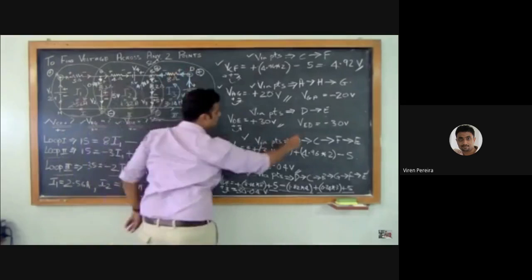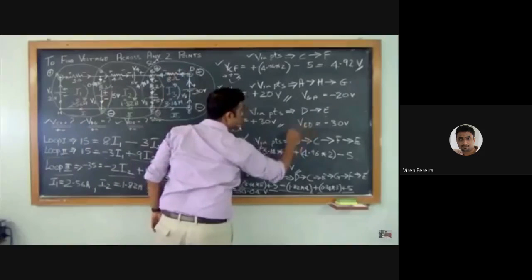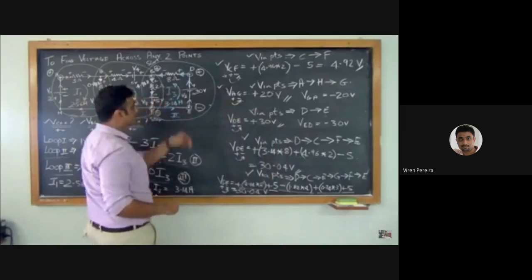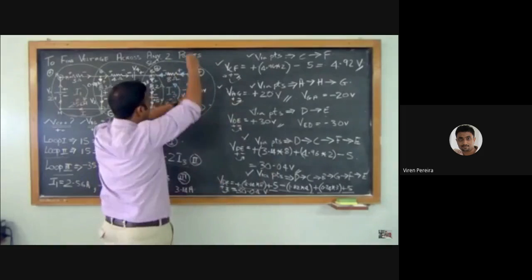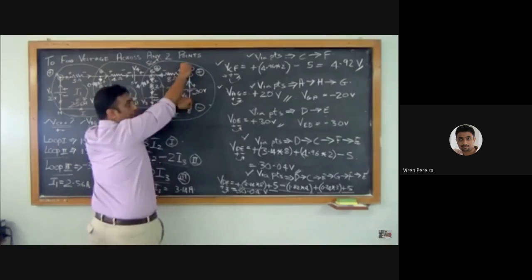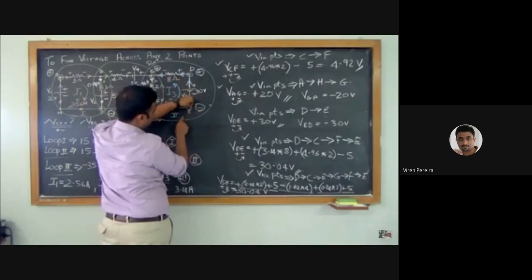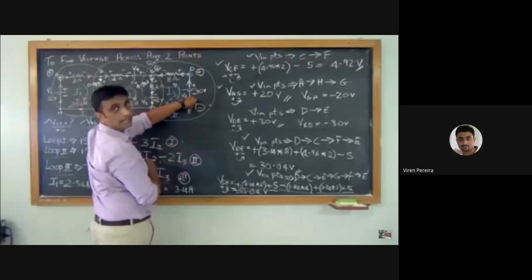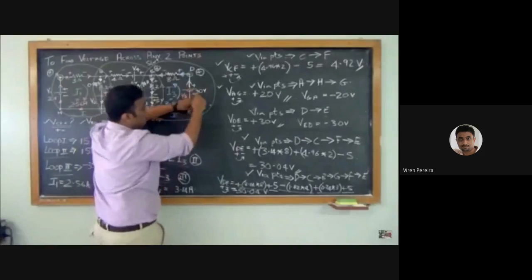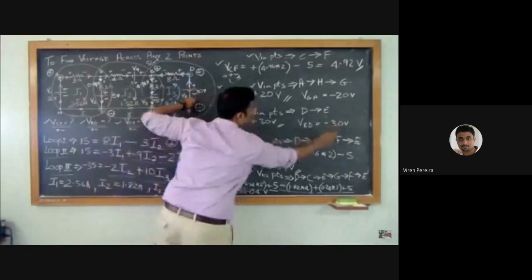Because right now I am considering E as positive and D as negative, since I am connecting the positive terminal to E and the negative terminal to D. So if this is positive here, positive into negative is negative. That's why minus 30 volts.